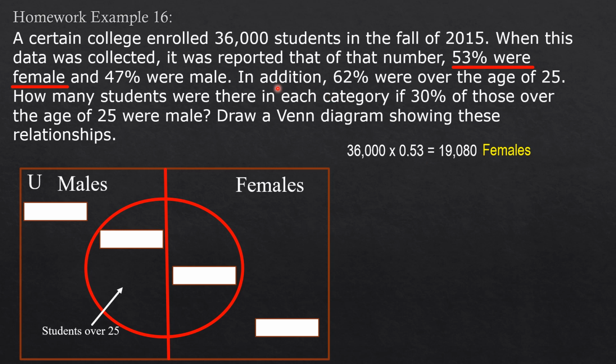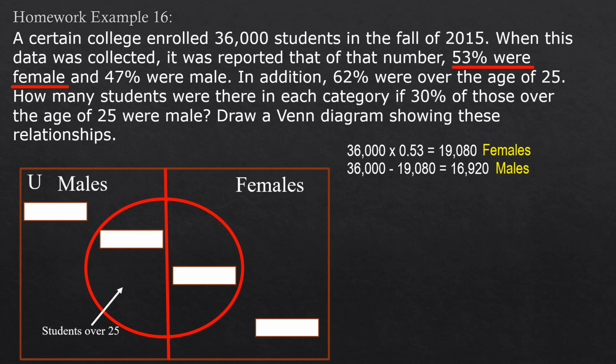You could do the same thing with 47%, or you can say, if 19,080 of them are females, then I could subtract, and that's what I did. I said, okay, 36,000 minus 19,080 gives me 16,920, which has to be the males.